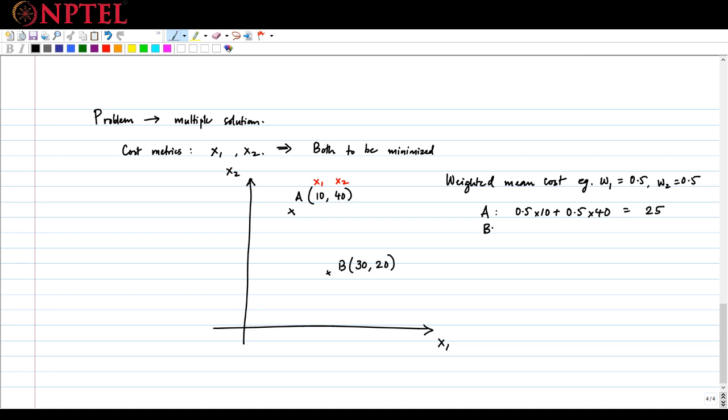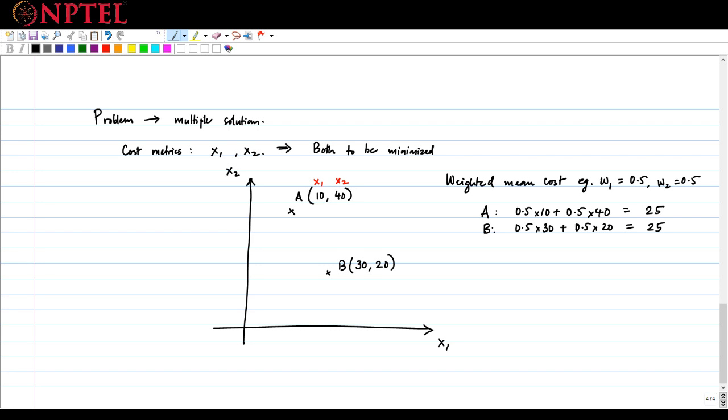Whereas for B, it's going to become 0.5 into 30 plus 0.5 into 20, once again miraculously 25. Now what do we do? They're both exactly the same, right? Even though one of them has a lower x1 cost and the other one has a lower x2 cost, if I apply equal weightage to both the metrics, it turns out that I'm going to end up getting exactly the same net cost for both of them.